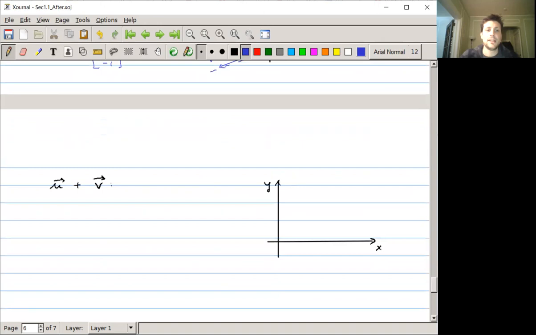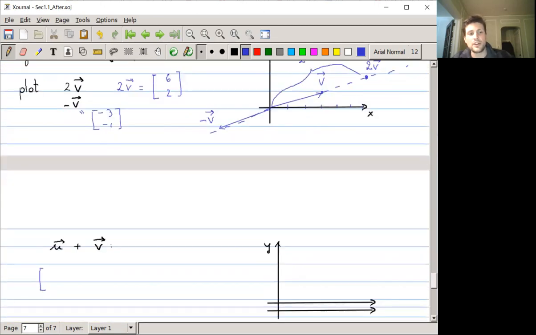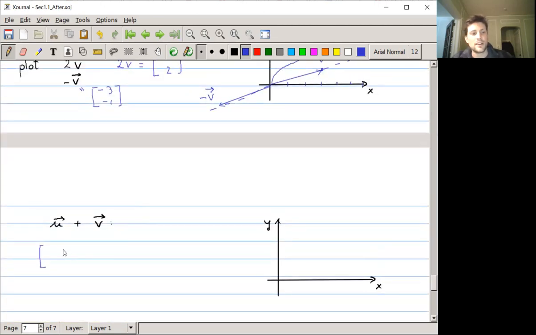Okay, last but not least, how can we understand addition of vectors? Let me just remind you that these vectors here are 3, 2 and 3, 1.